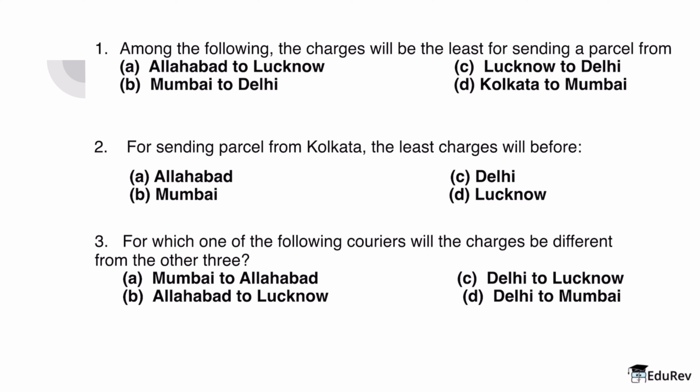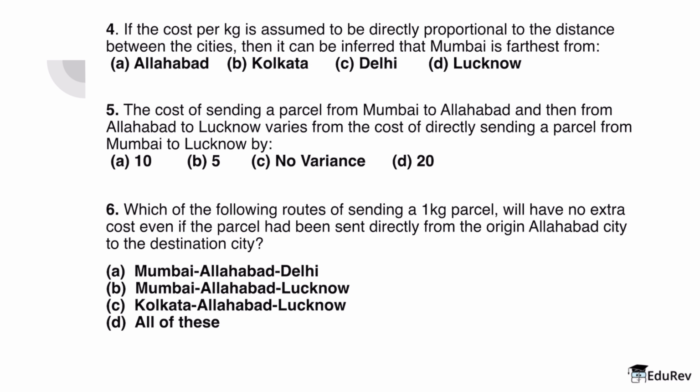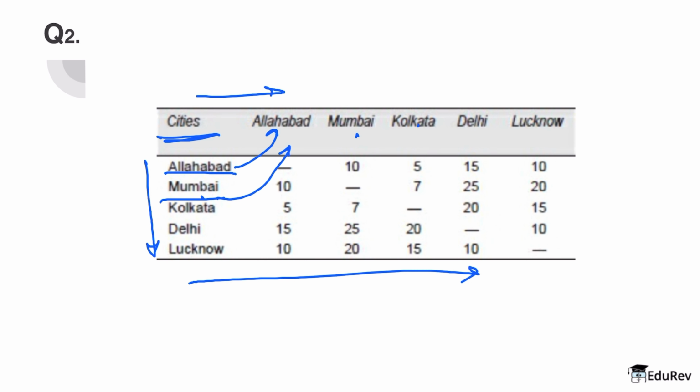First is, among the following, the charges will be the least for sending a parcel from what? This is the cost we are talking about. So the charges are least among, I would say, Kolkata to Mumbai, cost 7 only, while the other three cost 10, 25 and 10 respectively.